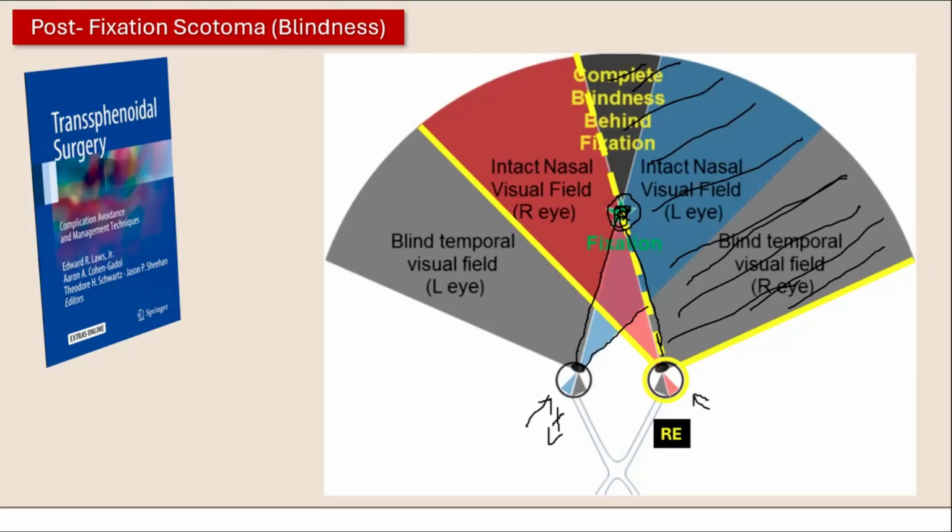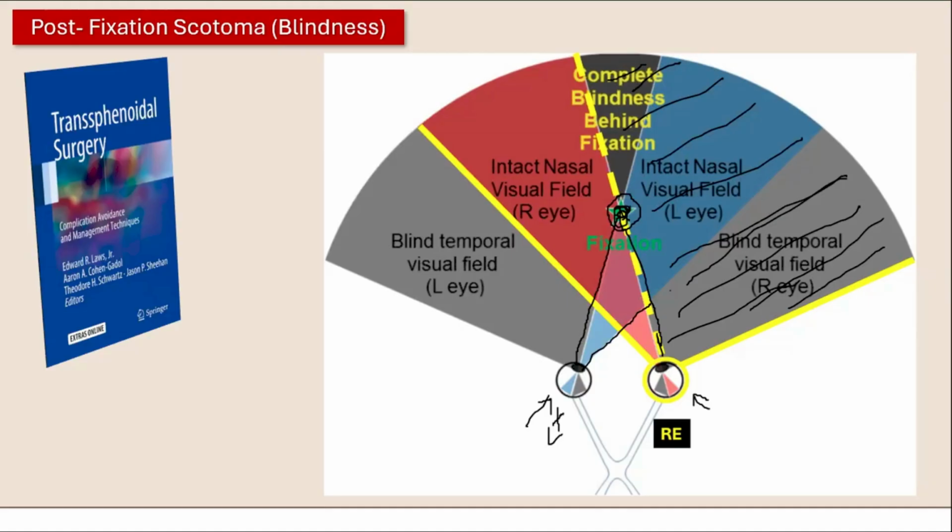So remember, the intact nasal field of the left eye overlaps part of the affected temporal field of the right eye. So this area is quite good because it is served by the intact nasal field of the left eye.